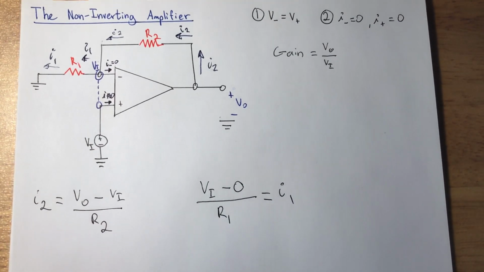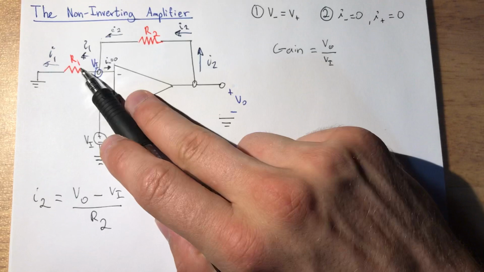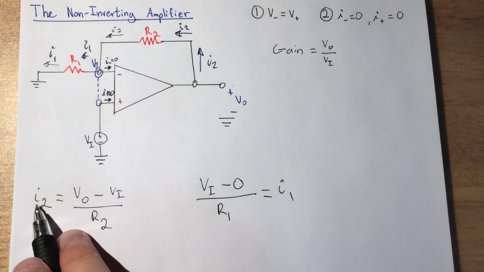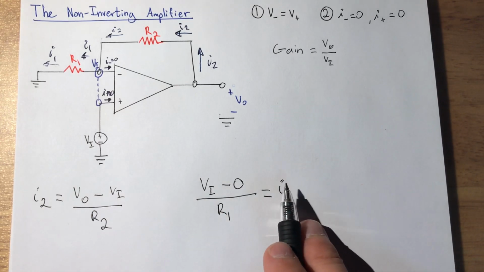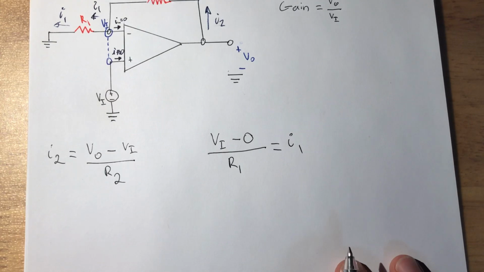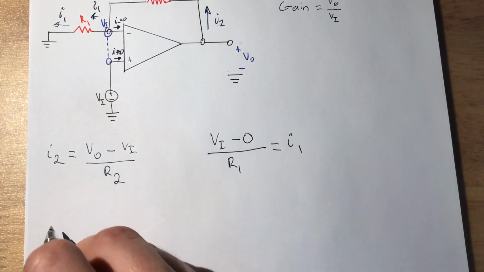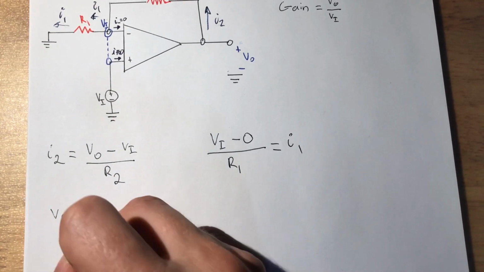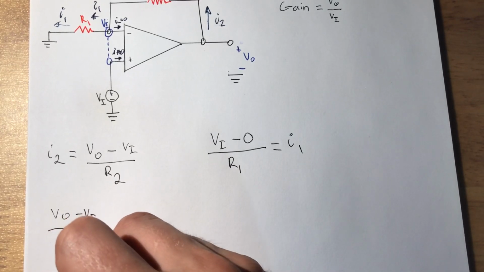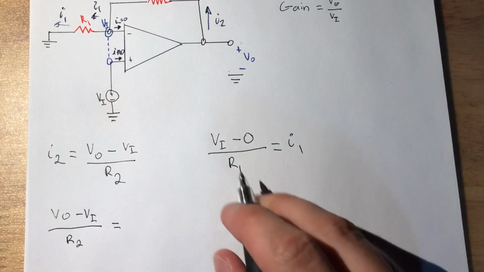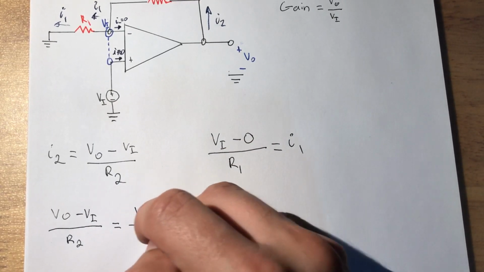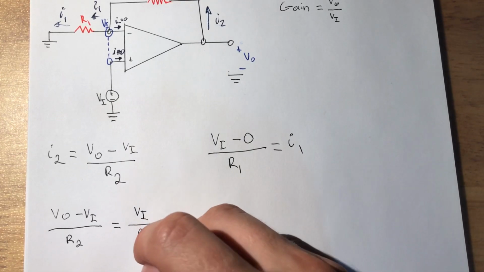Now, what do we know about I2 and I1? We know that they're the same current. So we know that I1 is equal to I2. And so these two things are equal. So VO minus VI over R2 is equal to this: VI minus 0 is VI over R1.